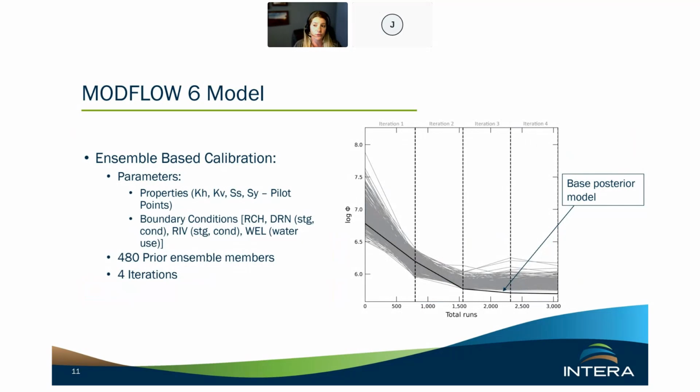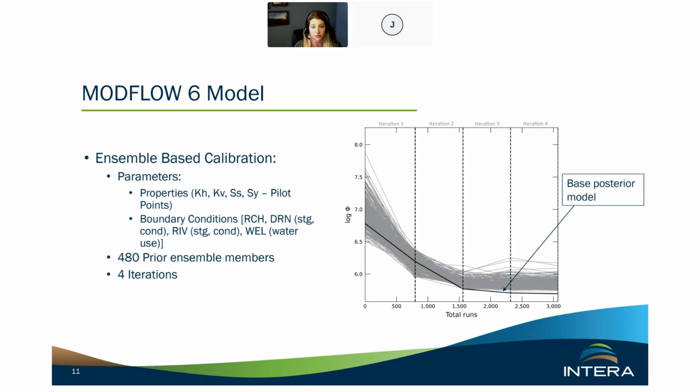We started off with 480 ensemble members in our prior. In our posterior, we ended up with about 360, and then we used 280 of those for our uncertainty estimation. What I'm showing over here is a plot of the total model runs versus the log of the objective function. And you can see it over each iteration of our calibration.